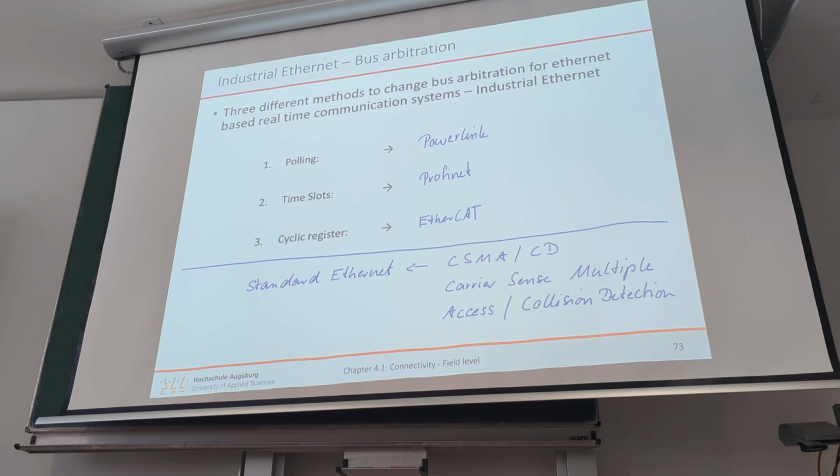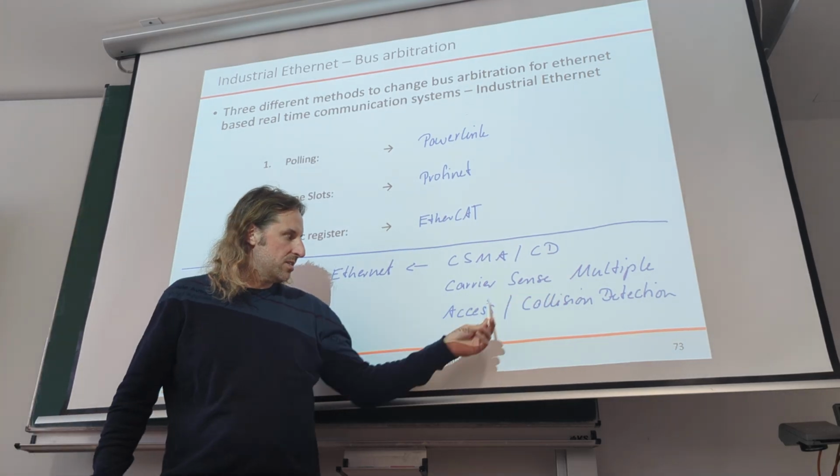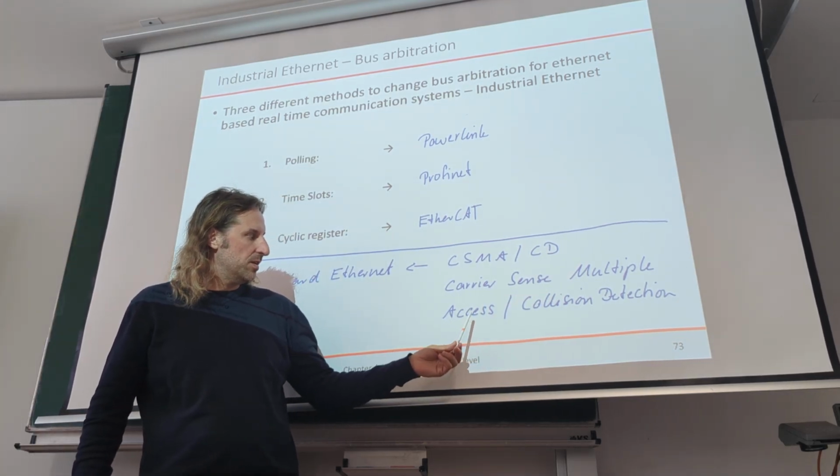What does that mean? Every standard Ethernet device is connected to a cable, and it senses whether there is some signal on the cable or not. And if there is a signal on the cable, it starts listening, and if it wants to send out information, it waits till there's no signal on the cable. And then it starts talking, so that's the point multiple access, the point carrier sense, and then we have the access to the media.